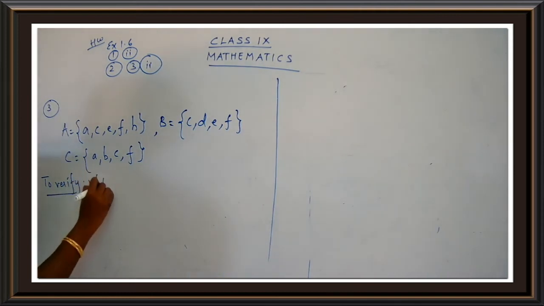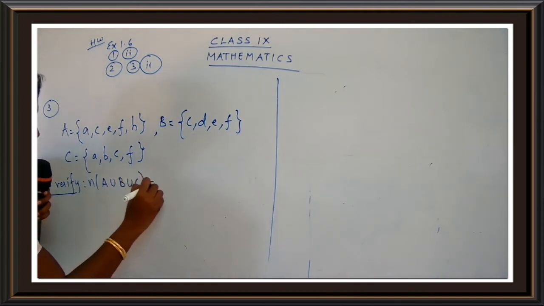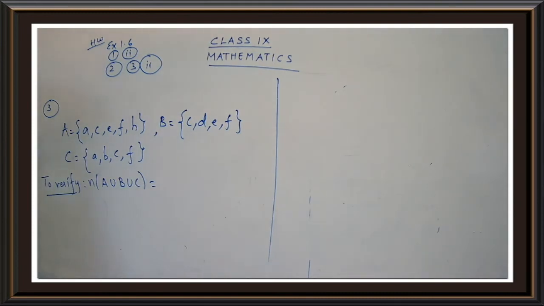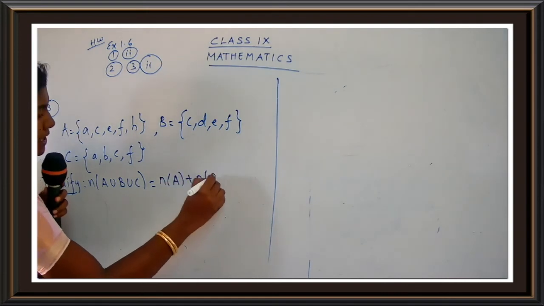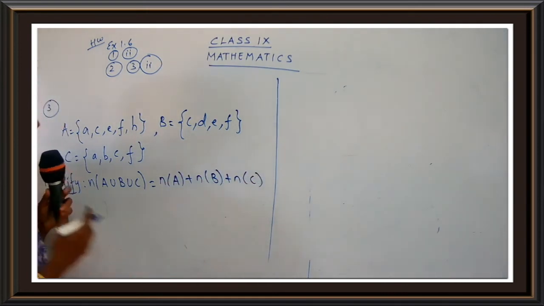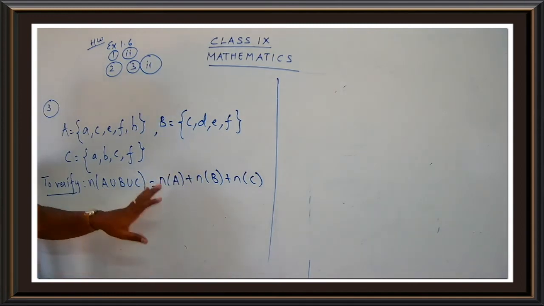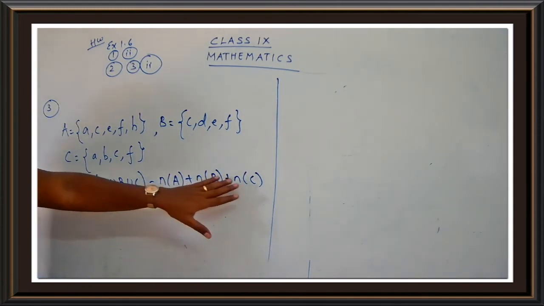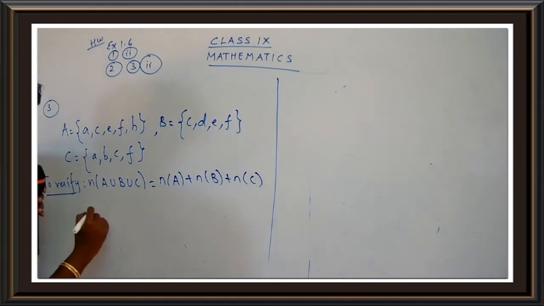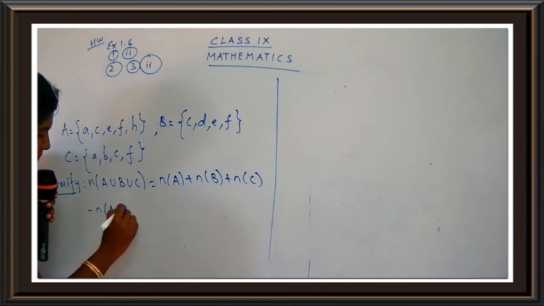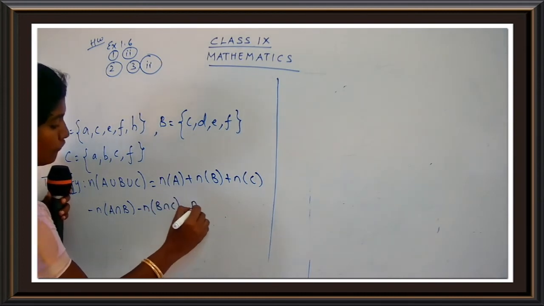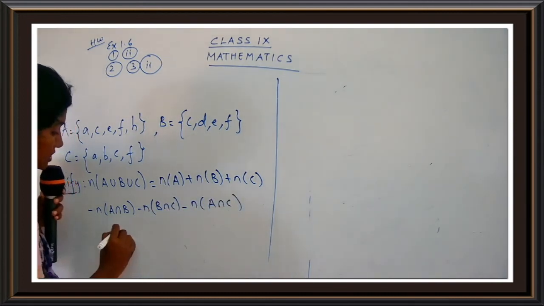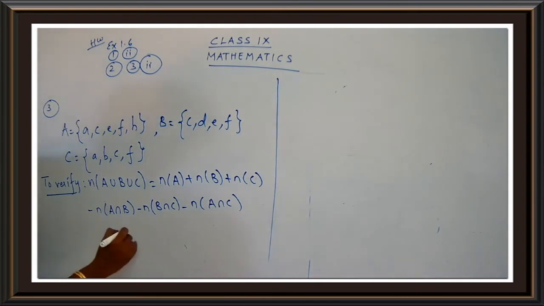N of A union B union C is equal to N of A plus N of B plus N of C, first of all the sets separately, minus N of A intersection B, minus N of B intersection C, minus N of A intersection C, plus... that's plus, the last term is with plus.